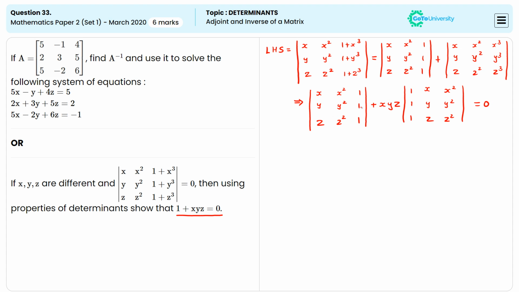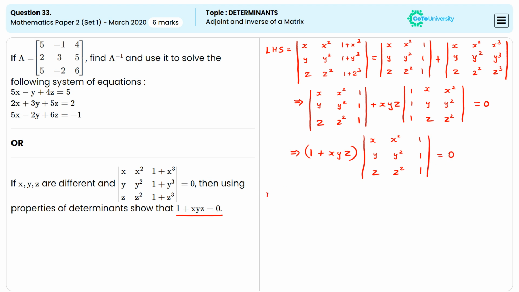Now if I look into the first and the second determinant, it's exactly the same thing with its columns interchanged. So I can take this out as 1 plus xyz times this determinant, which is x, x square, 1; y, y square, 1; and z, z square, 1, and this is equal to 0.